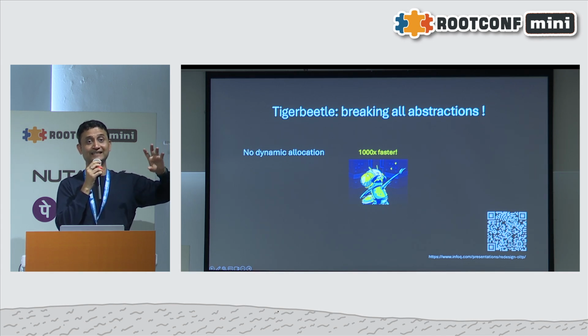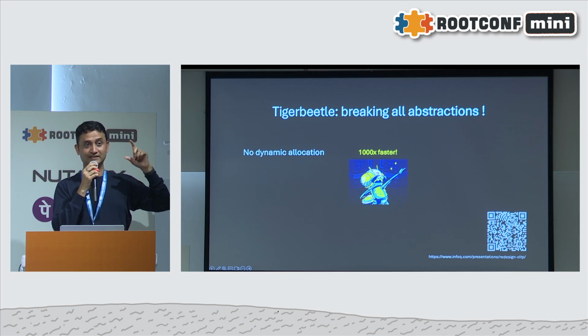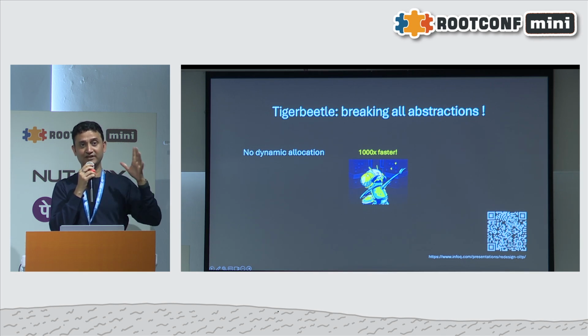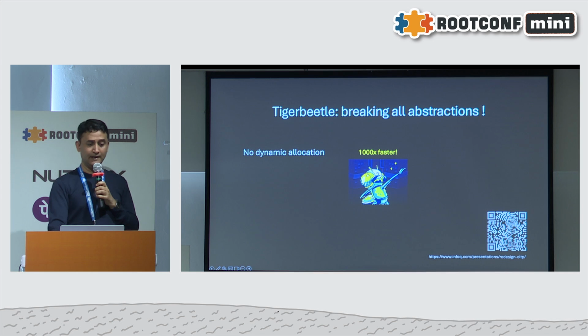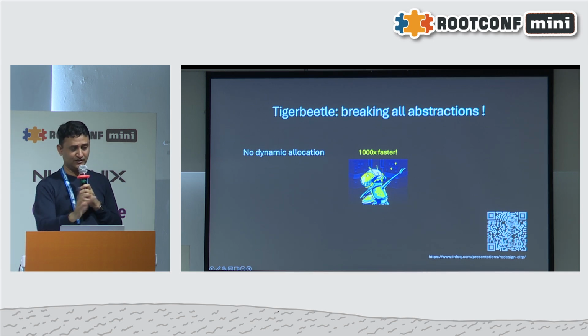Now, if some of you think that not doing any dynamic allocation would prevent scale, you were not paying attention to the slide on cost that I showed earlier. Okay, a single thread implementation can be massively competent today. All right. But that's not the main reason why I'm showing Tiger Beetle here.